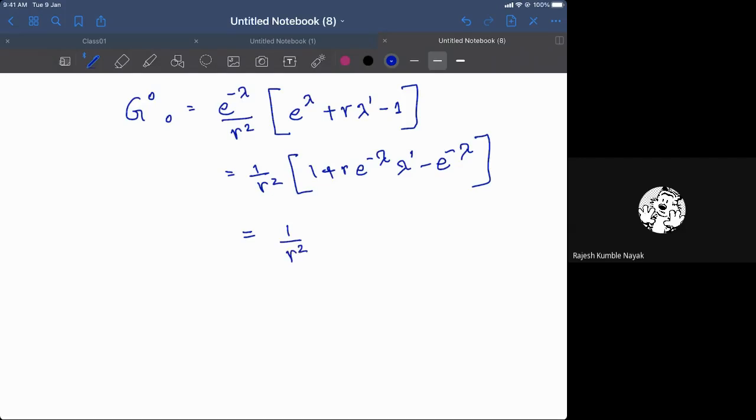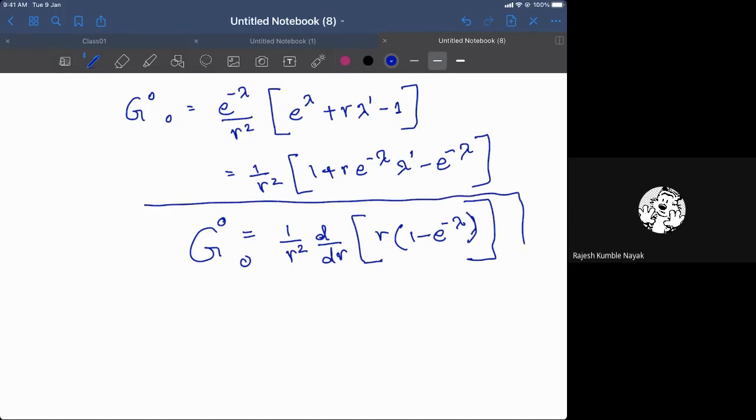It is not clear why it should be written like this, but somehow later you will see that the whole thing gets simplified if you write this expression in the following form. There is no justification at this stage other than that it is written nicely as a perfect differentiation. So G00 is written as 1 by r square d by dr of r into 1 minus e to the power minus lambda. So this is the final form of G00.